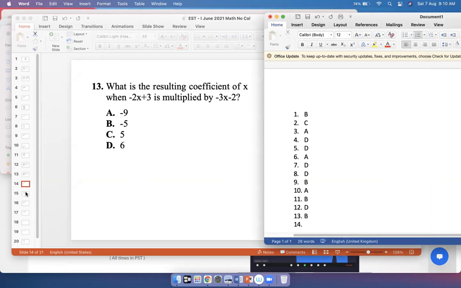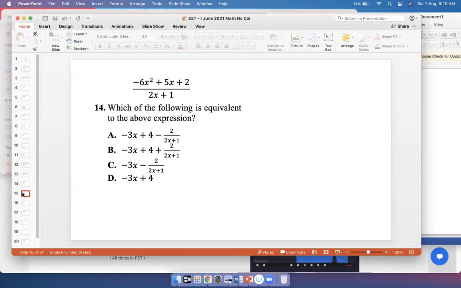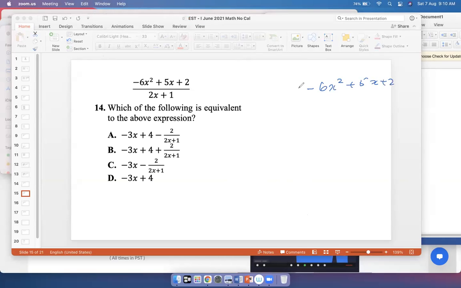Okay, next one. Which of the following is equivalent to the above expression? So minus 6x squared plus 5x plus 2 is to be divided by 2x plus 1. So this is minus 3x. So I get minus 6x squared and minus 3x. So plus and plus.